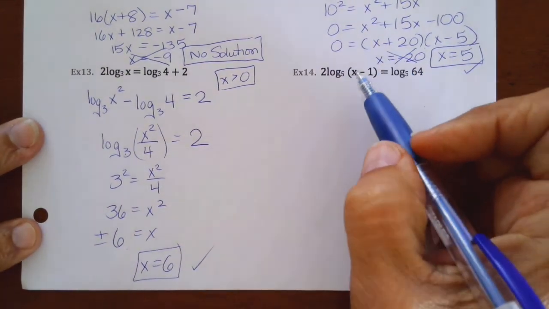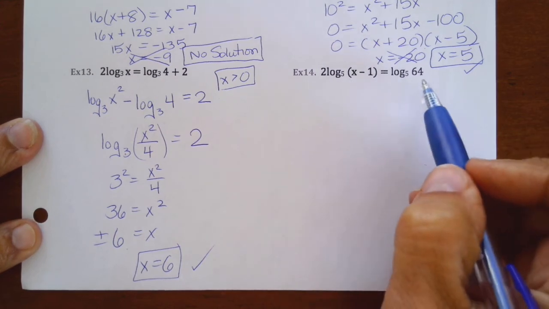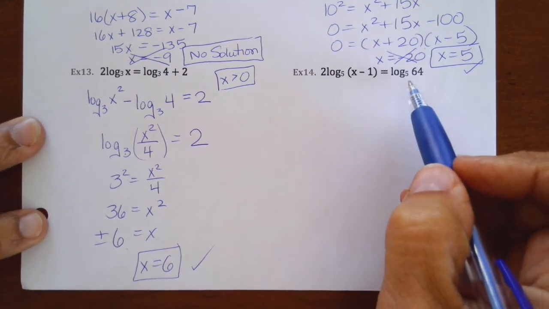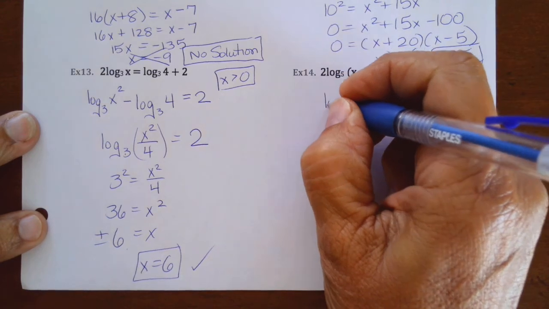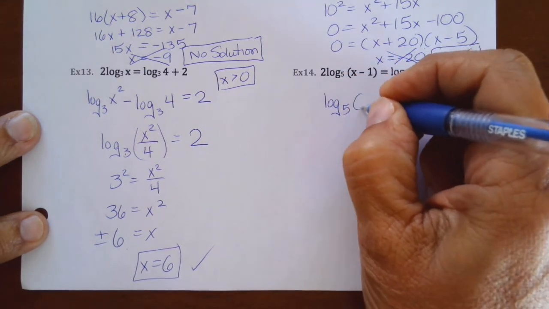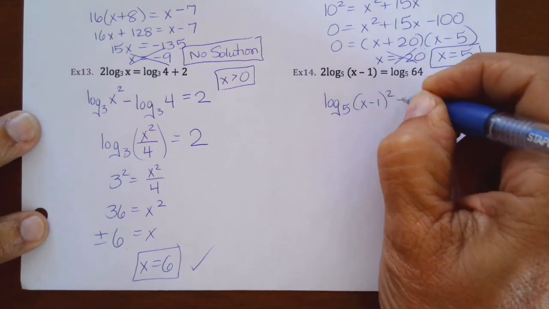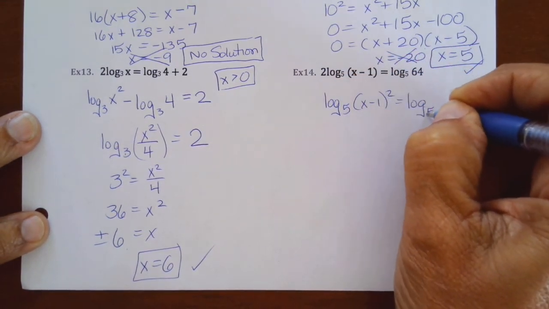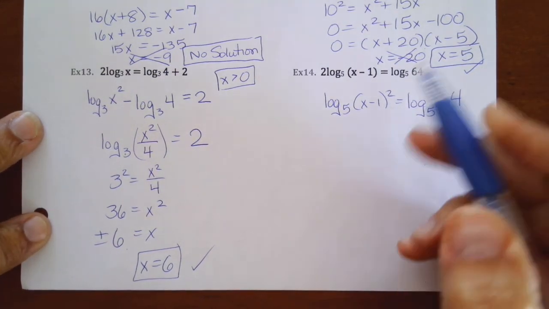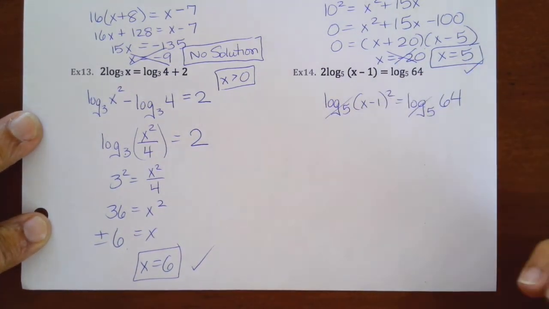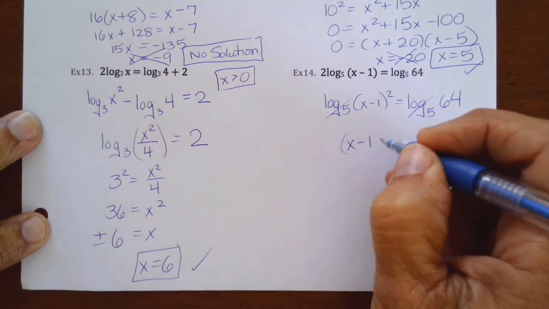All right, number 14. Got a log equal to a log. So this is type 3. The logs on both sides. So all I got to do is get rid of that 2, make it the exponent. So log base 5 of x minus 1 squared equals log base 5 of 64. Now I'm down to 1 log on each side. So now I get to get rid of those. So that's the difference.